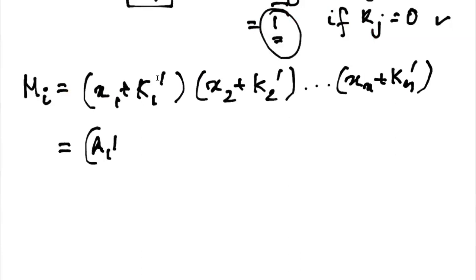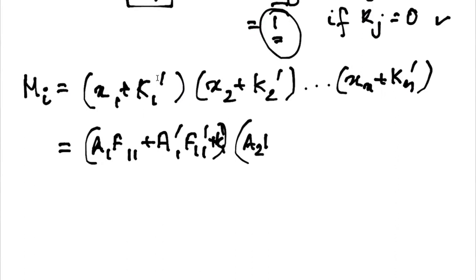A1 f11 plus A1 dash f11 dash, plus this k1 dash, into x2, which is A2 f12 plus A2 dash f12 dash, plus this k2 dash.